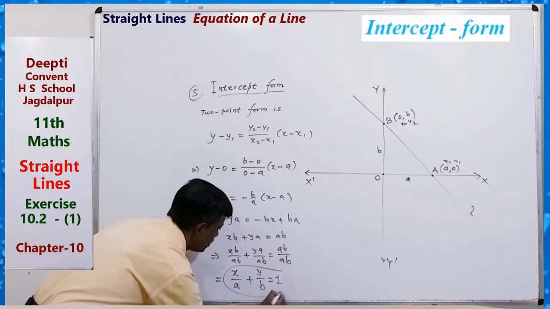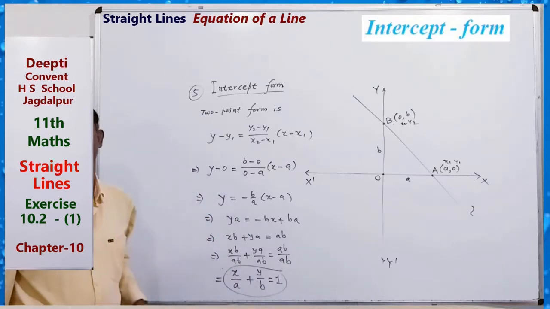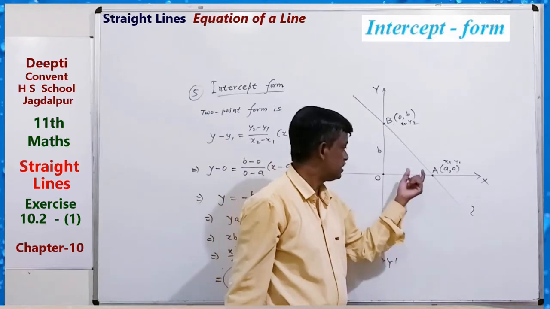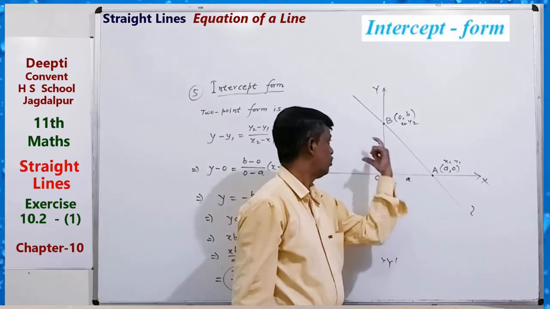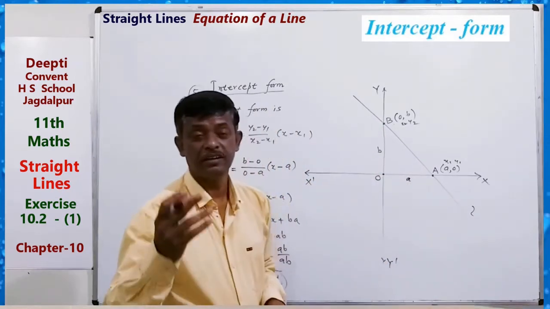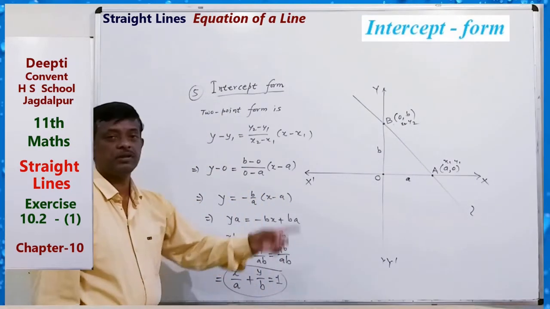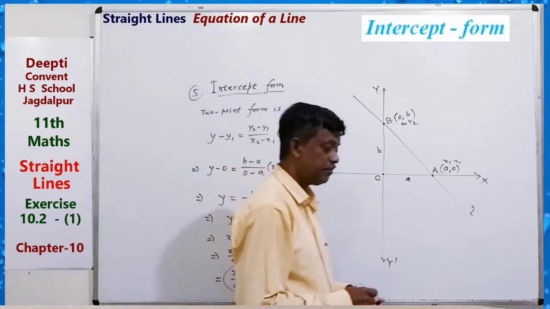So this is our intercept form. Whenever any line makes x-intercept a and y-intercept b, then we can write the equation of the line as x by a plus y by b equals 1. Okay.